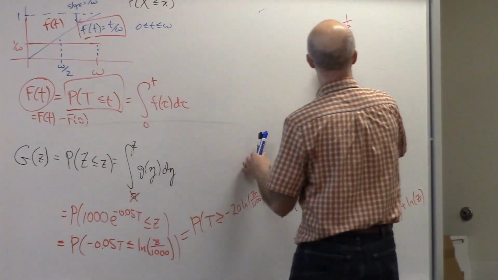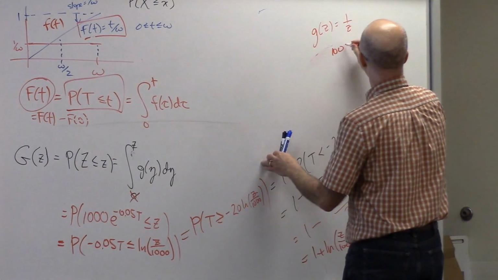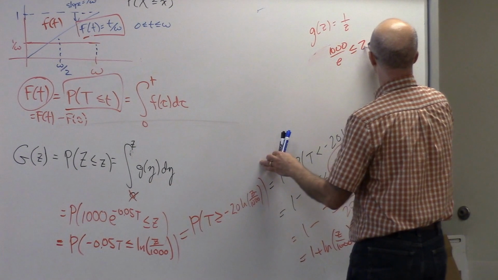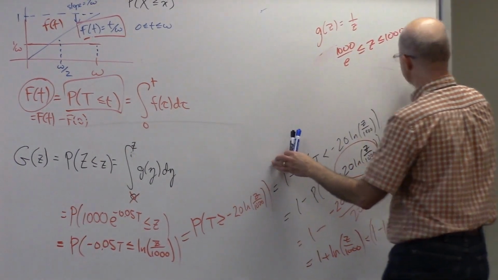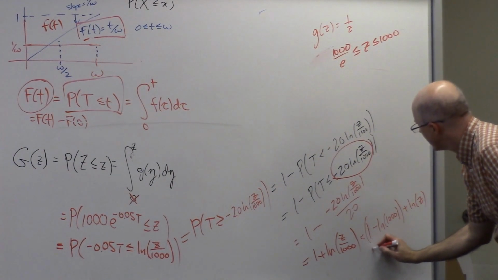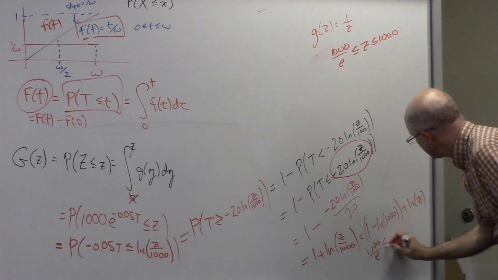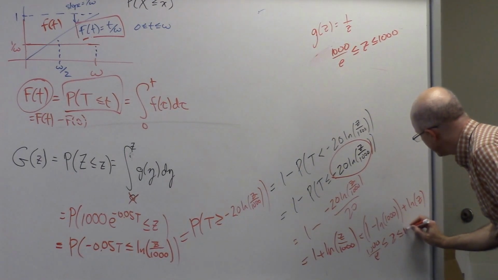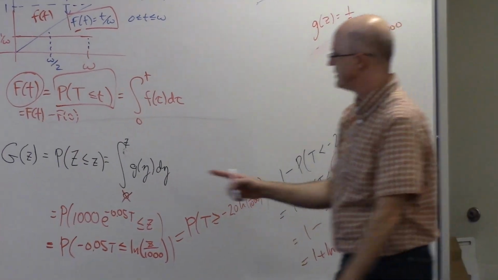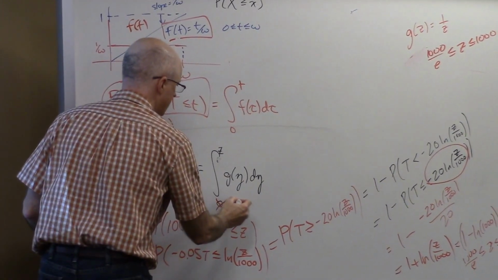The domain here is 1,000 over e up to 1,000. It's the same as the domain for this one that we're thinking about. 1,000 over e to 1,000. That's the domain. And so actually, if I do capital G here as an integral, I'd have to replace this with 1,000 over e actually.